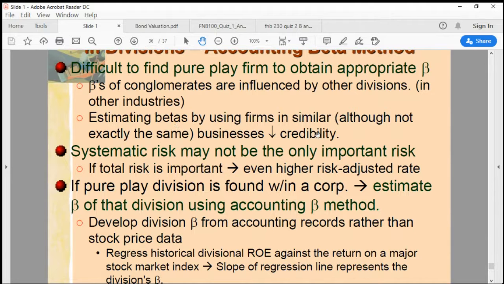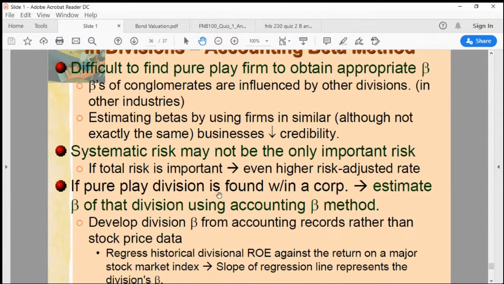Estimating betas by using firms in a similar, although not exactly the same, business lowers the credibility. Also, systematic risk may not be the only important risk. Total risk is important. An even higher risk-adjusted rate is needed.